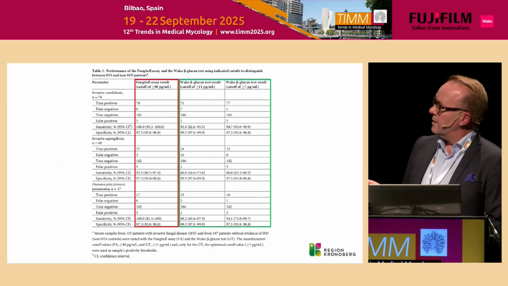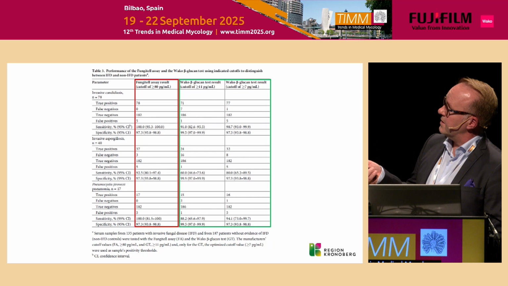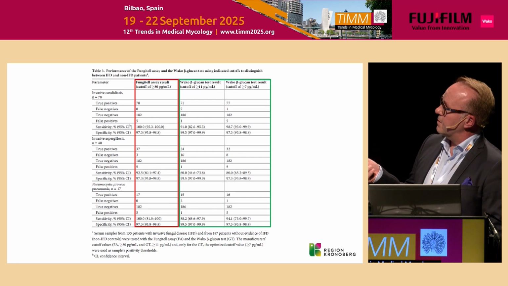Again, they compared Fungitel to both the cutoff of 11 recommended at that time, and they also did a similar calculation of an optimal cutoff, which they found to be 7.